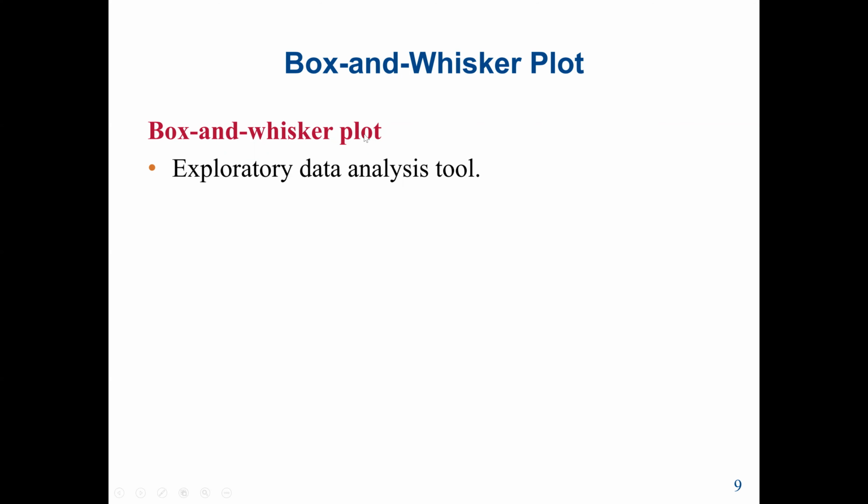And normally we use it to know the position of the data set also. Maybe we can say that, okay, 50% of the scores are greater than 50 or less than 50, 60, etc. This will highlight the important features of the data set. So the Box-and-Whisker plot also is a very important exploratory data analysis tool.